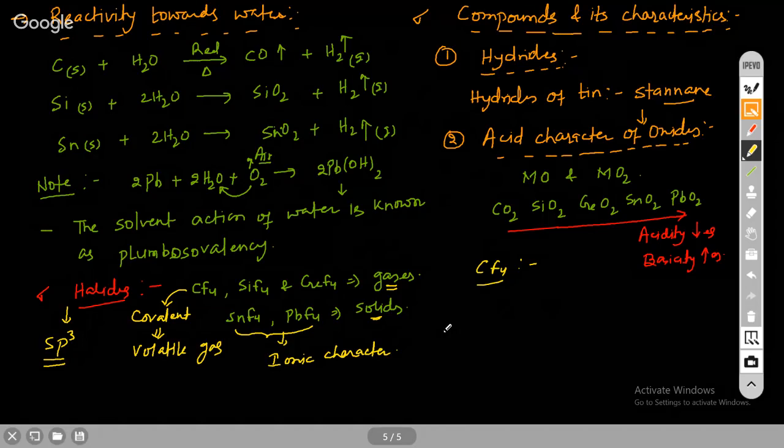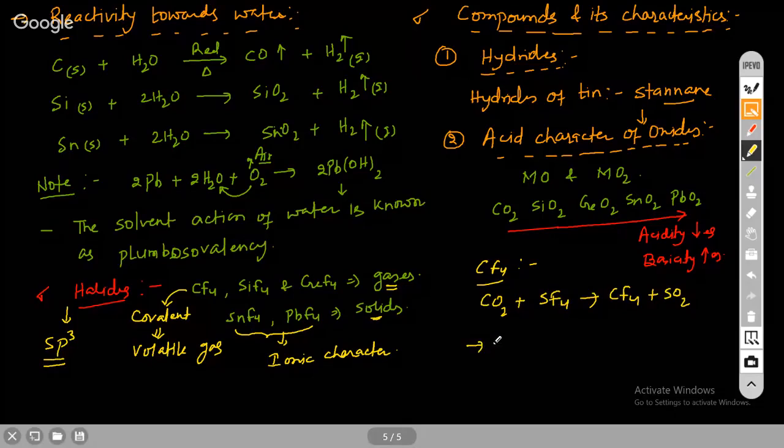Right. The preparation method of CF4 is what? When CO2, carbon dioxide, is allowed to react with sulfur tetrafluoride, it gives CF4 and SO2. It is a displacement kind of reaction. This is the laboratory method of preparation. Now the industrial method is what?